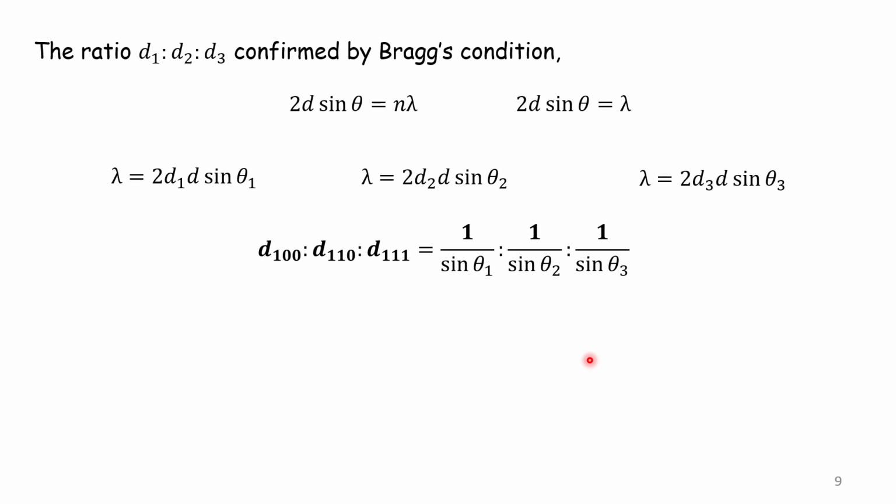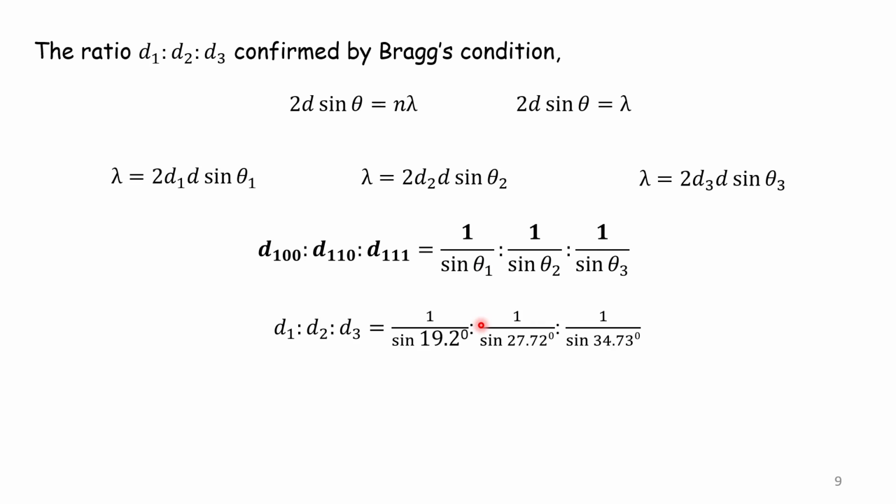Now, if we take the ratio of these three equations, we get d100 : d110 : d111 is equal to 1 divided by sin theta 1 : 1 divided by sin theta 2 : 1 divided by sin theta 3.